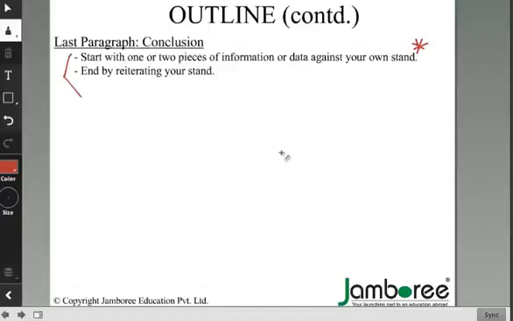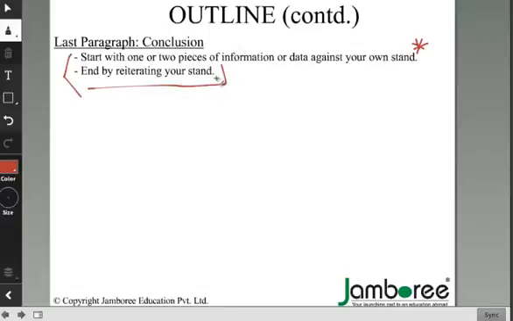You can give a couple of points, but end by reiterating your stance, saying that in spite of this, I think a mandatory uniform curriculum will end up doing more harm than help.